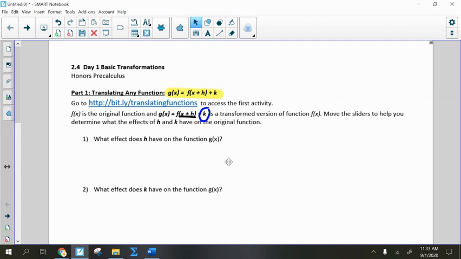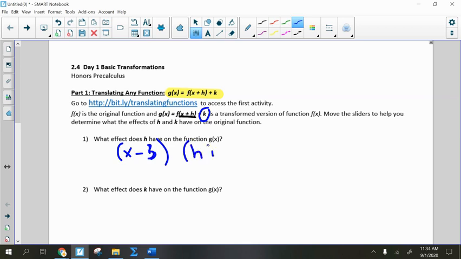So what effect does H have on the function? If H is negative, something like x minus 3 like we had, then the graph goes to the right.